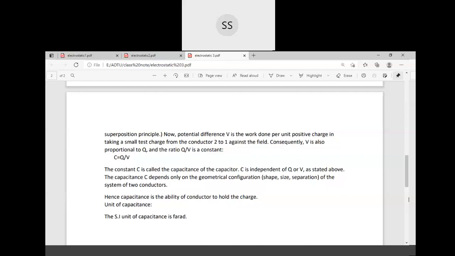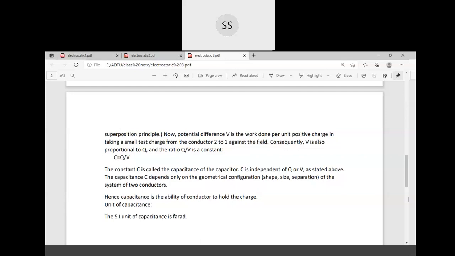As we know, the potential difference depends on the magnitude of the charge, right? Q depends directly on V. So we can say that Q is directly proportional to V. To remove that proportionality sign, we use the constant C. So Q equals CV.